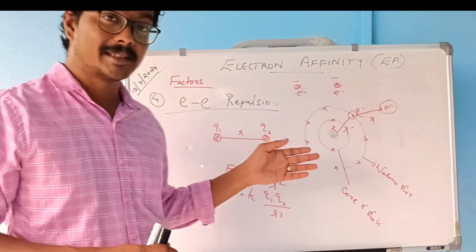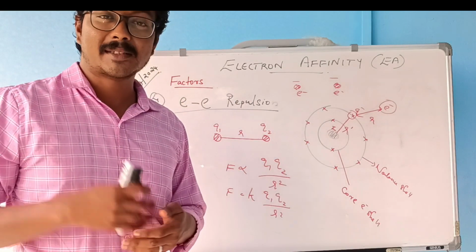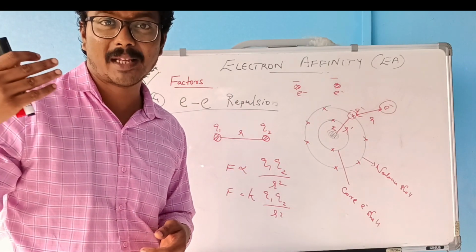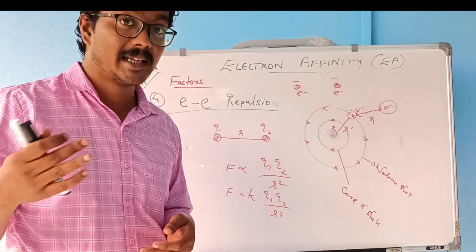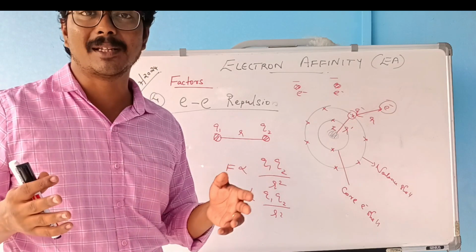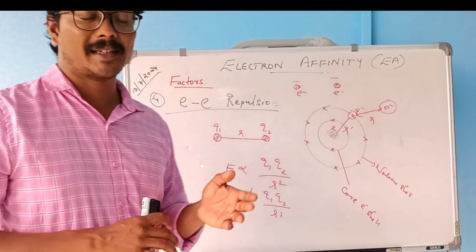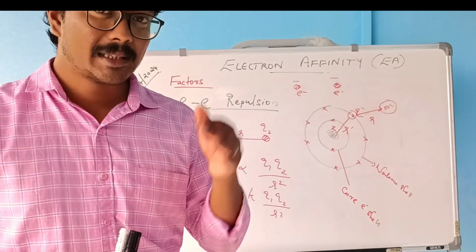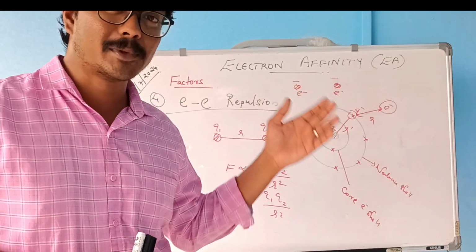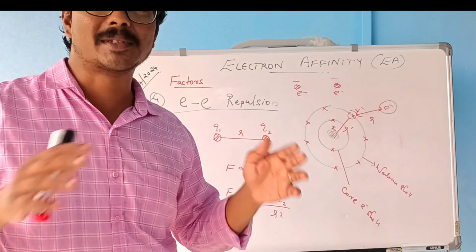In that case, the incoming electron does not feel much attraction from the nucleus, or in other words, it is away from the proximity of the nucleus. In order to avoid such electron-electron repulsion, the incoming electron will occupy a position which is not in the proximity of the nucleus.